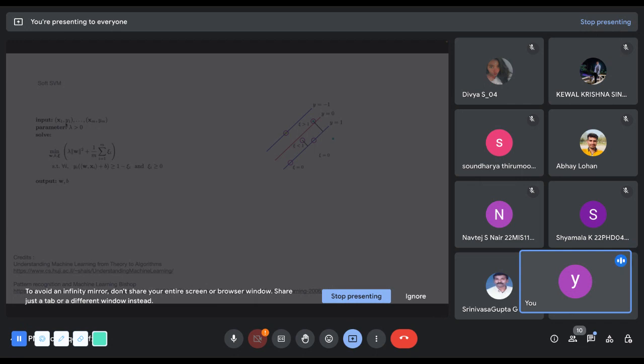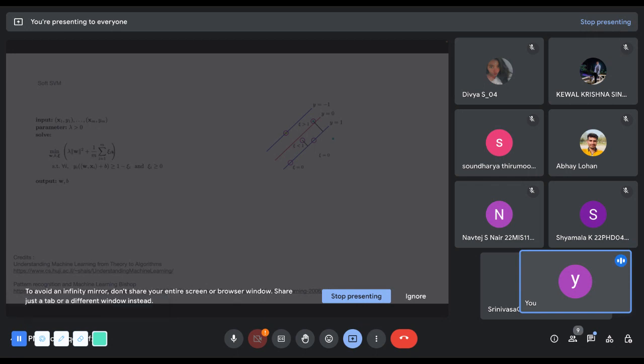So you compromise with that: I am okay classifying a few mistakes, but I would like to classify with the minimum number of mistakes. So that is soft SVM.